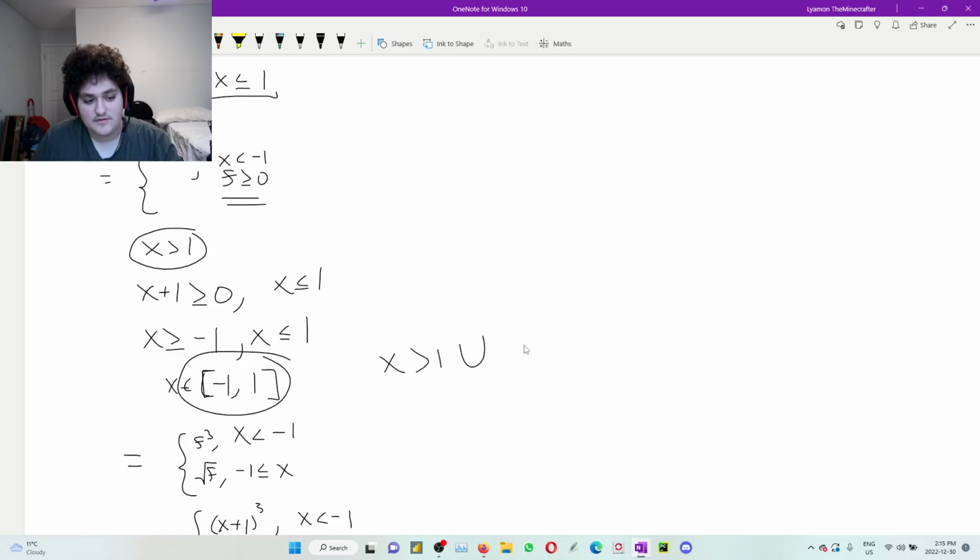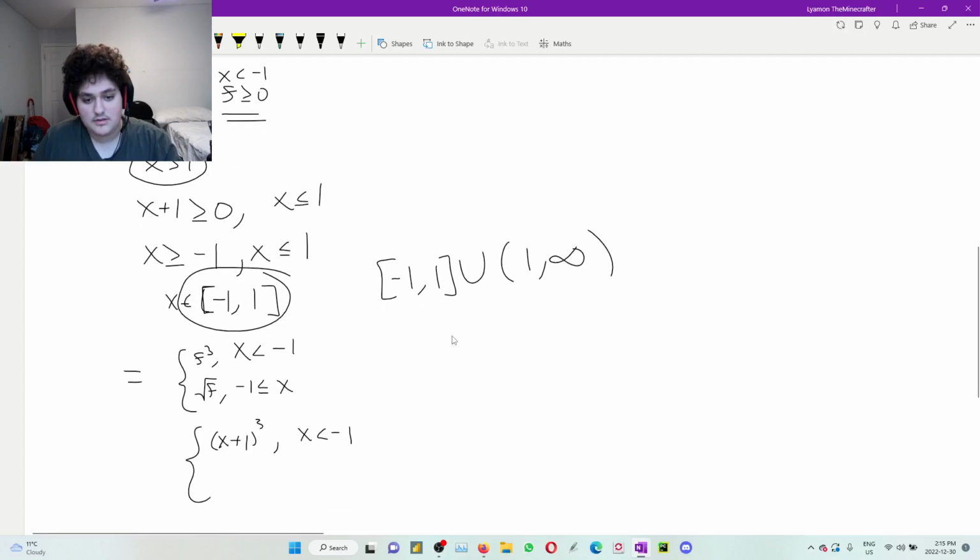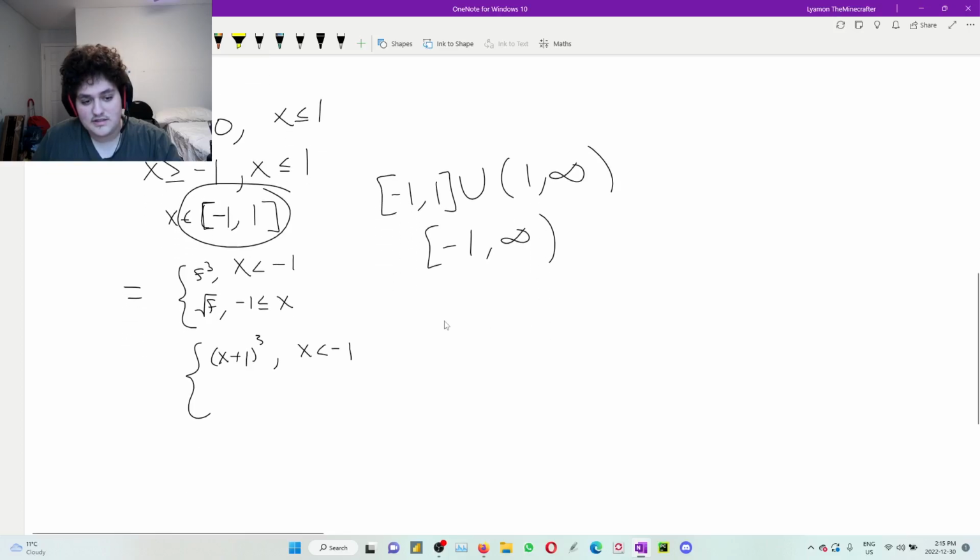if you look at the union of this and, let's write this as -1 to 1 union with 1 to infinity, then you're just going to get -1 to infinity. So basically x has to be greater than or equal to -1.